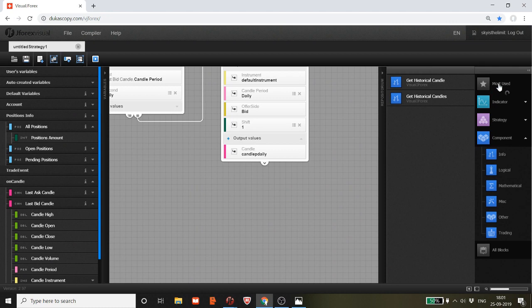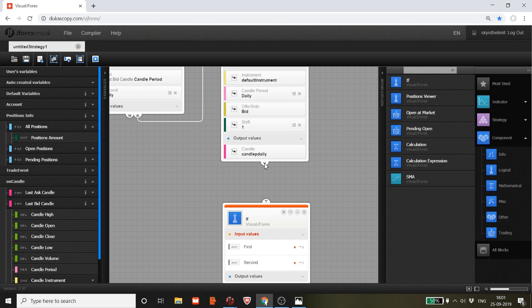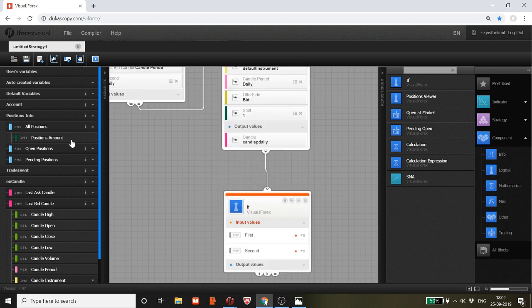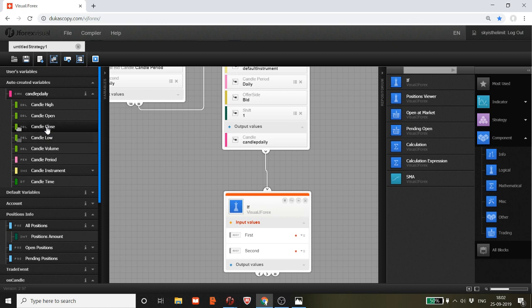Now first we need to define whether the candle is bullish or bearish. So here click on auto created variable, and then we need two things, candle close and candle open.